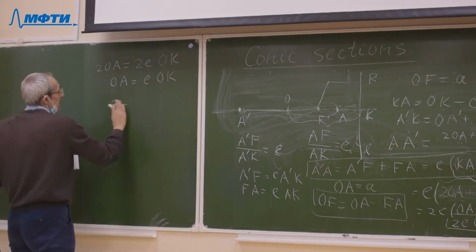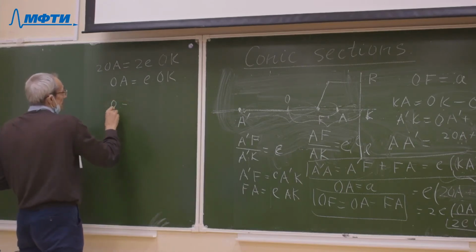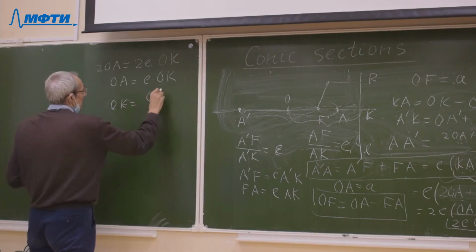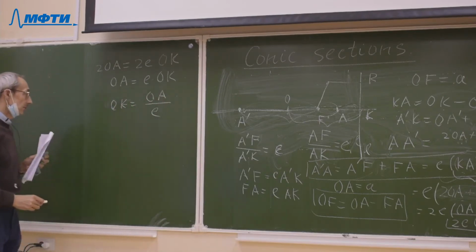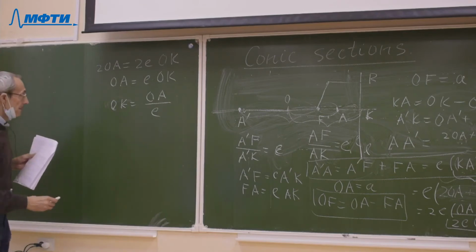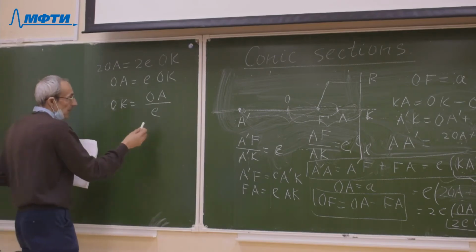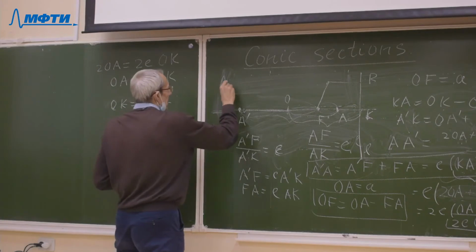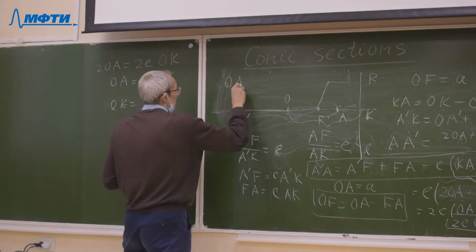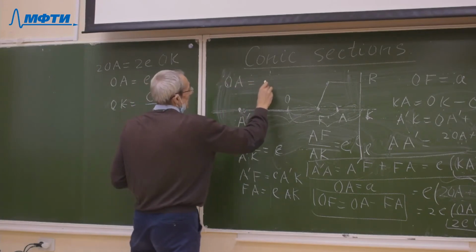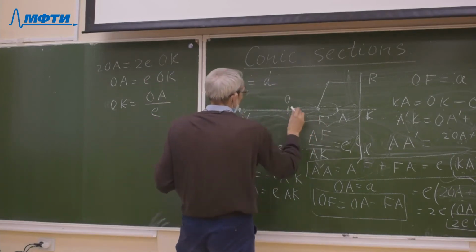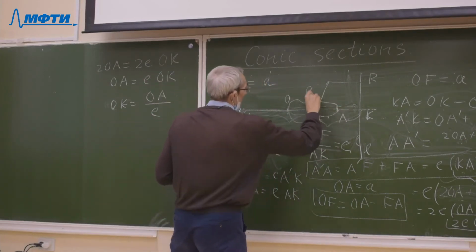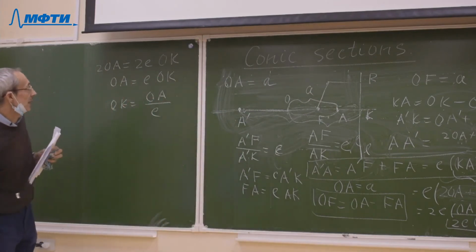And we obtain that OK is equal the ratio OA to e. Let's denote OA by a little a. This difference we denote by a.